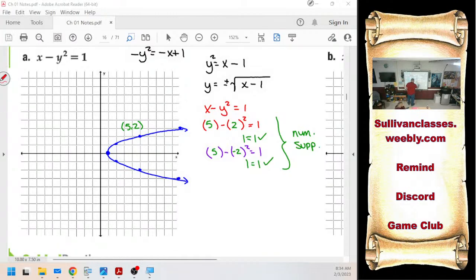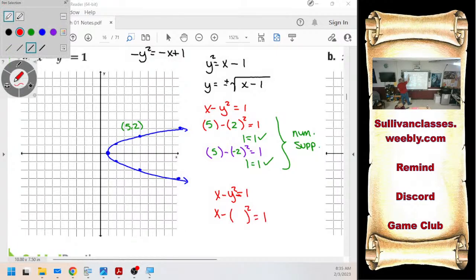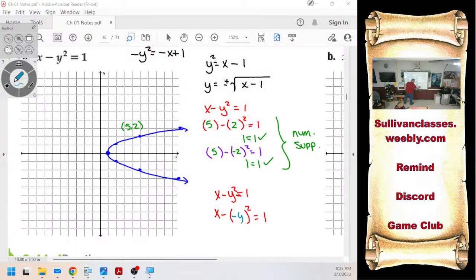I say if x minus y squared equals 1, then I should be able to negate my y and it still works. So I plug in a negative y. Lo and behold, it works.